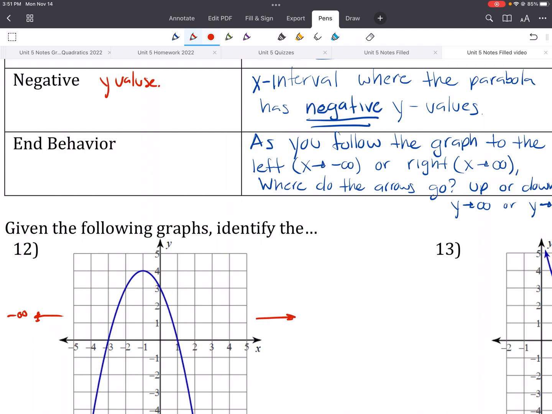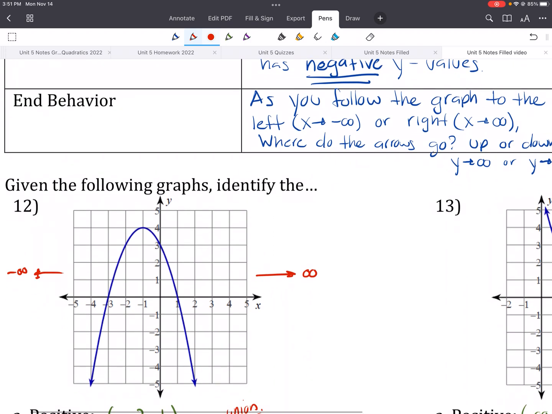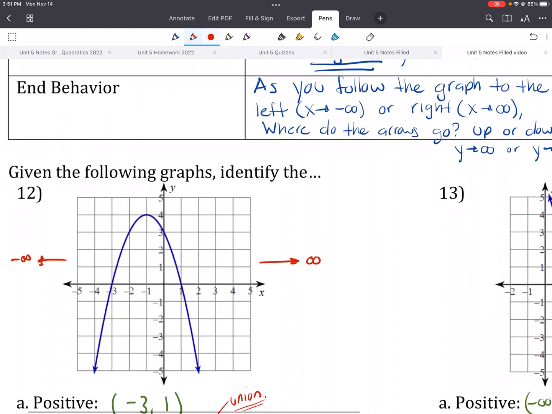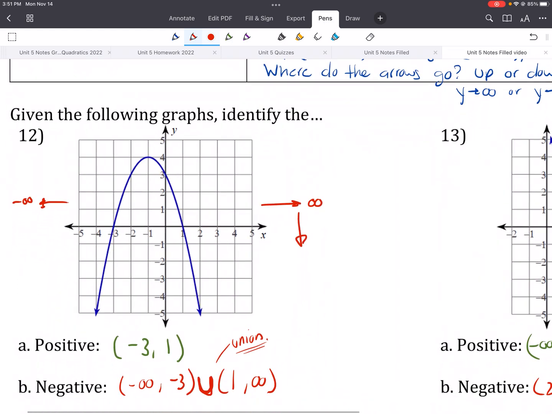And if you're going to the right, in the x direction, it's going to positive infinity. We want to know, where are the arrows going for the y's? Are the y's going down to negative infinity, or are they going up to positive infinity? So for this example, both of those are going to negative infinity for the y's.